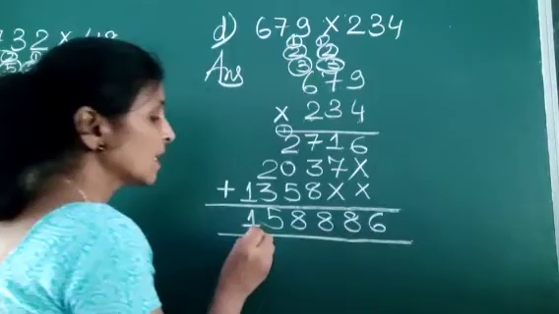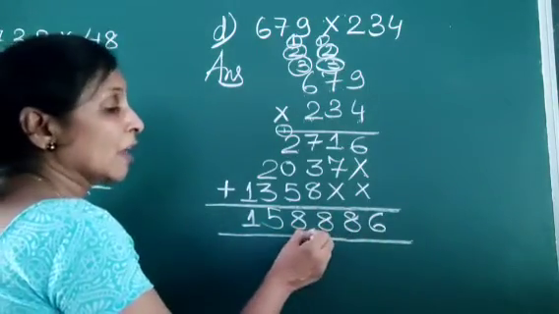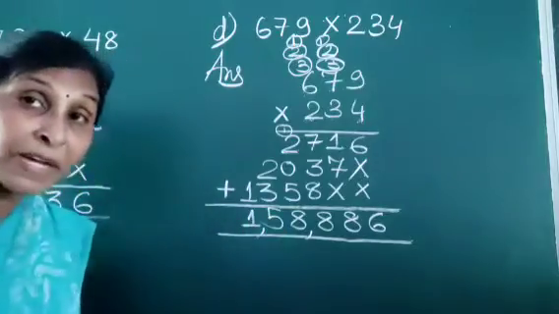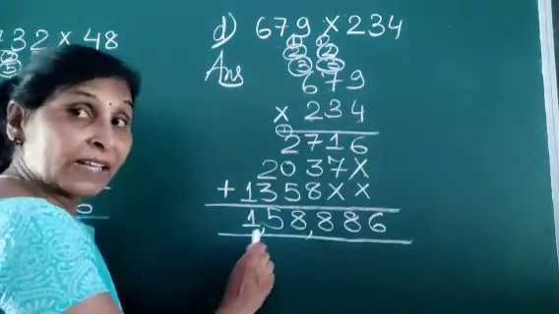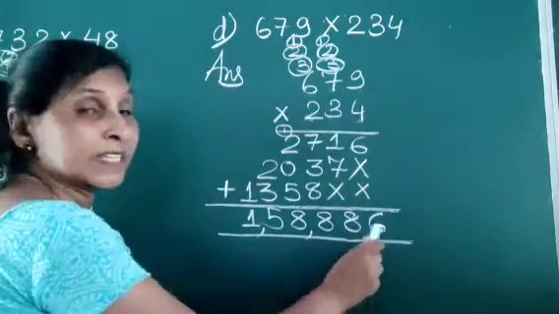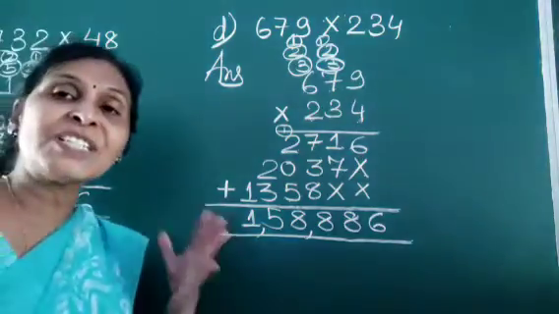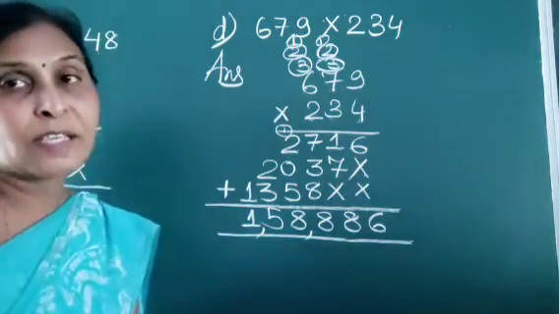So our answer is 1588886. And how we read in number name? That is 15,88,886. So students, the multiplication is very, very easy.